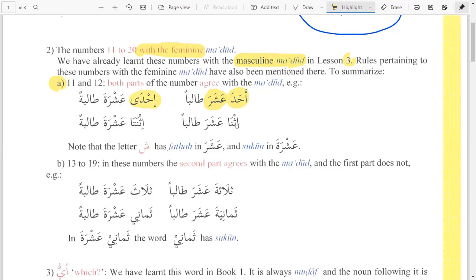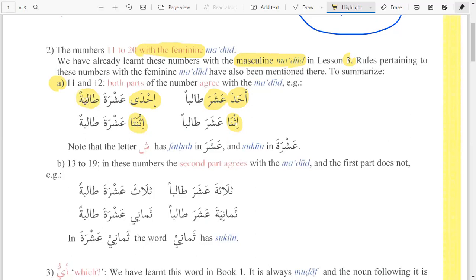And for muzakkar, isna ashara. And for feminine, isnata asharata. And this is madud. Talibatan is madud.